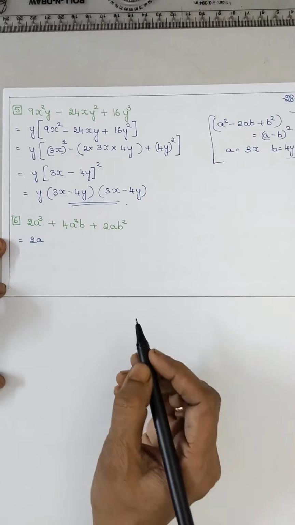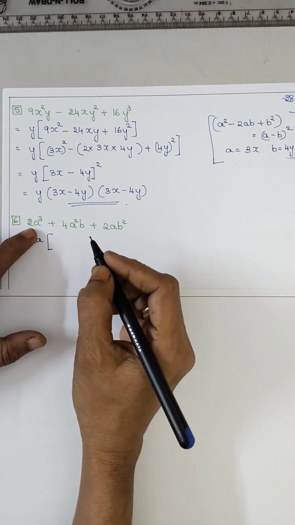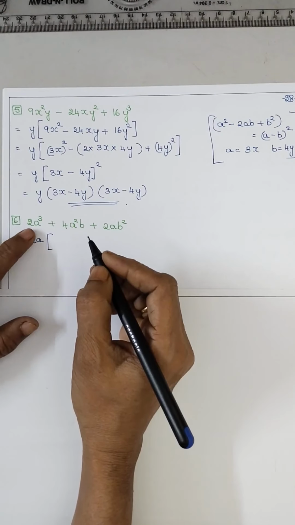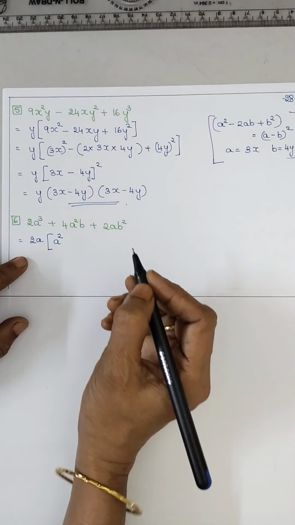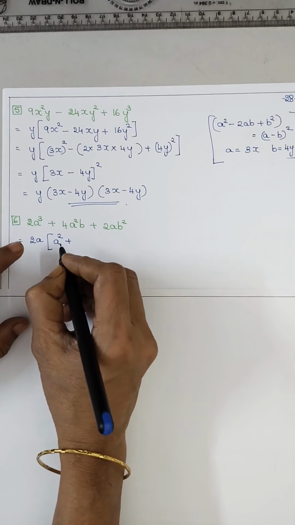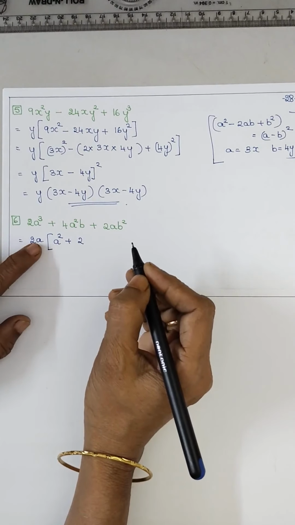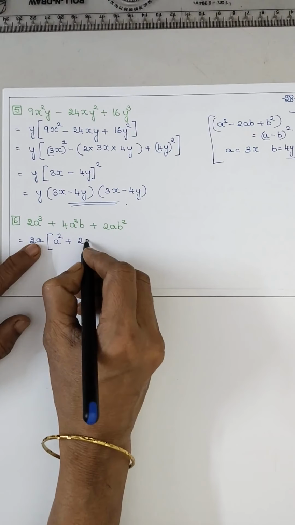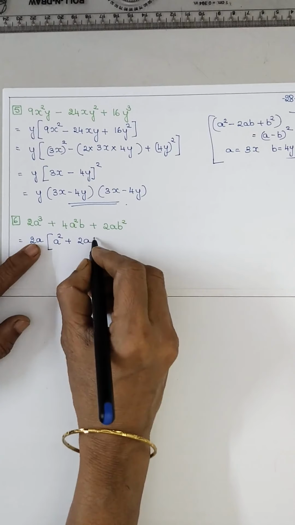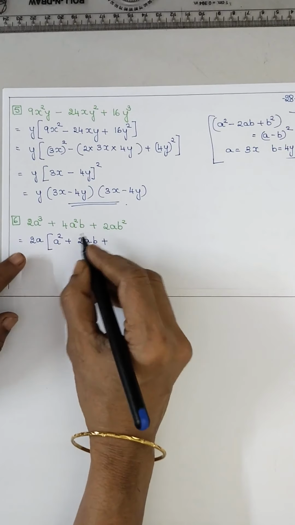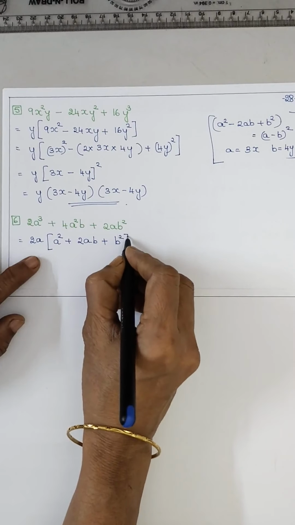So take 2a out. Now what is remaining here? 2 is outside common. A is taken out. So only a squared is remaining. Plus 2, how much are 4? 2 2s are. 1a is removed, so only a will be remaining. Now it is b plus 2 is taken out, a is taken out. Now b squared is.